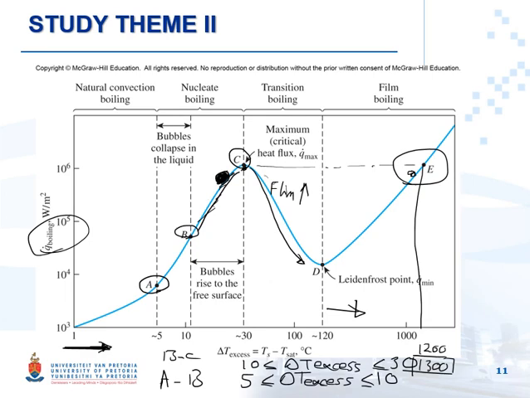So we study it because we want to avoid it, not because it's desirable for us. Just keep it in mind, because that can help you understand in an engineering way why we are learning boiling heat transfer and talking about the curve, because now you understand which area you need to focus on when you design.